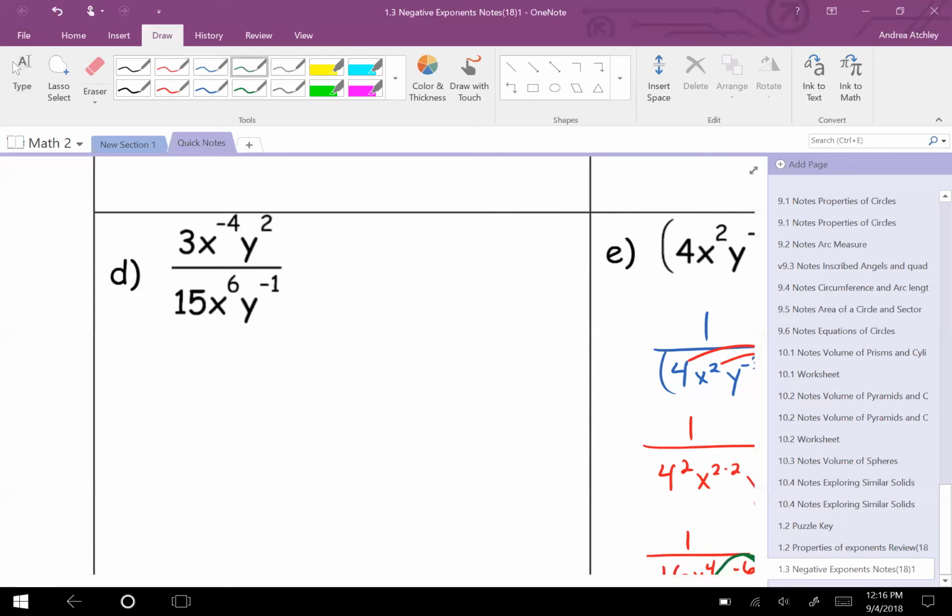Okay, so let's remember the rule for dividing monomials. And that was divide or reduce the coefficients and subtract the exponents.